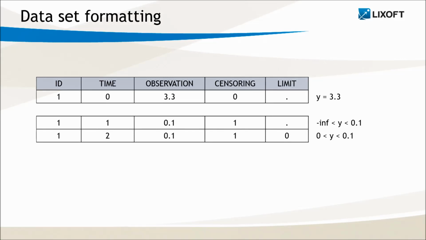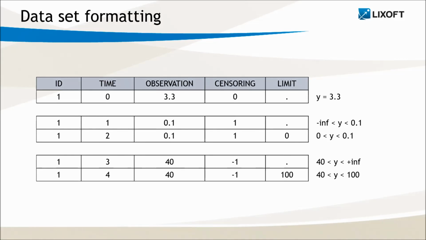It can also happen that the value is above the upper limit of quantification, in particular for PD data. The logic in that case is the same, except that the tag in the censoring column will be -1 instead of 1. Here too, the interval can be up to infinity or have an upper bound.